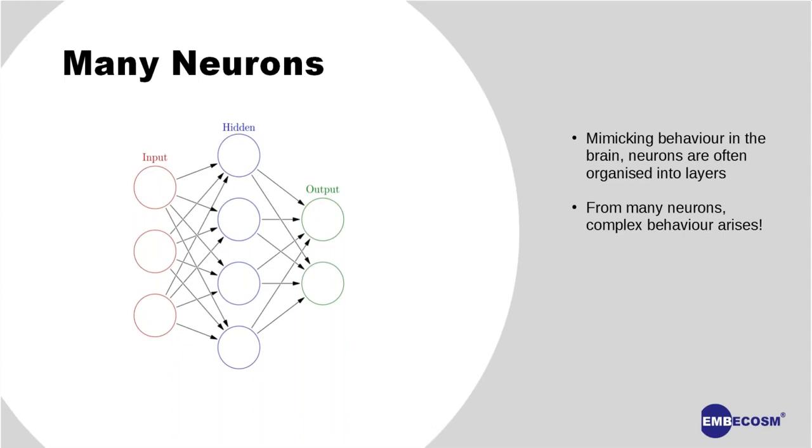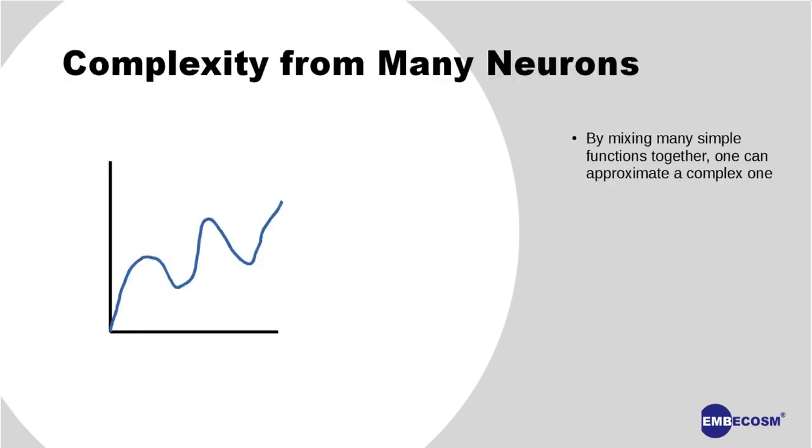It's all very well to say that this complicated behavior arises, but it's probably better to give an intuition as to why this happens. It's easy to say lots of simple units come together to create complicated behavior, but how does that actually work? A simple intuition here is I have hand-drawn this terrible function.